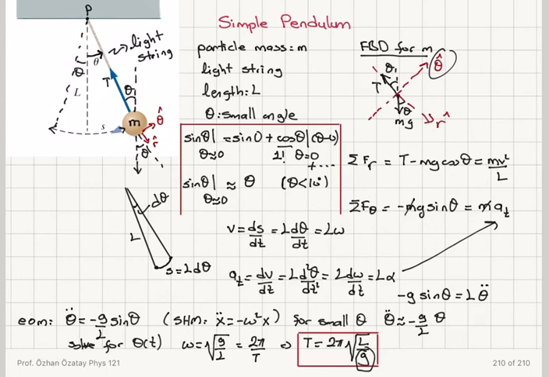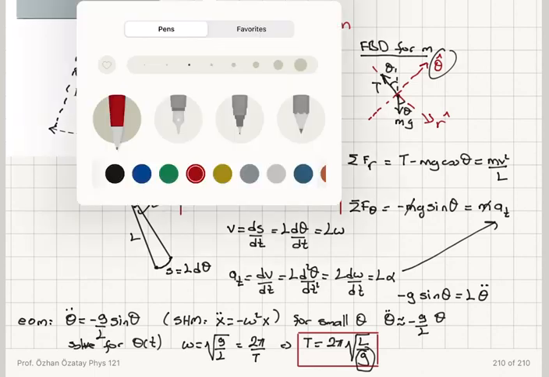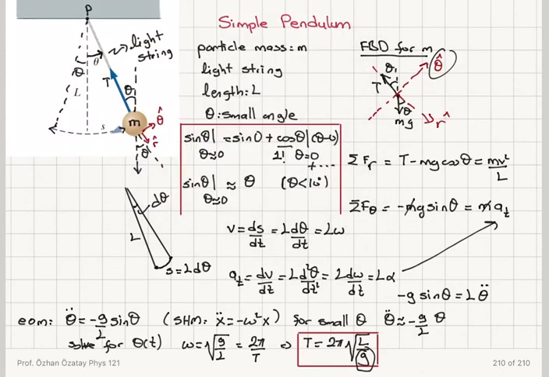Now, having said that, this is not the only way to solve this problem. I have used the tangential force in order to calculate the equation of motion. The alternative methods, we're going to see one of them in the next video, on the physical pendulum.